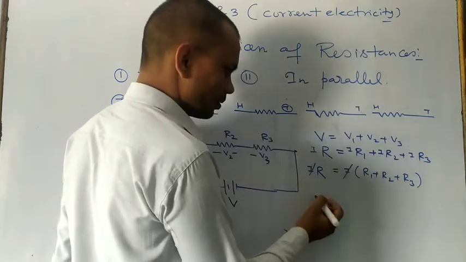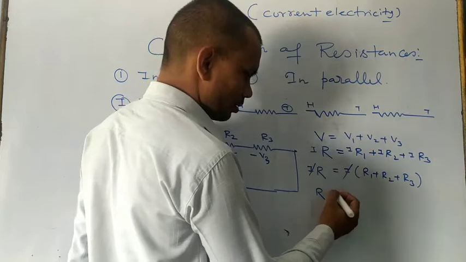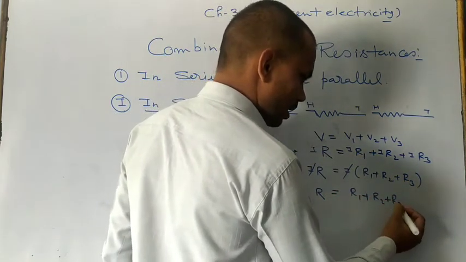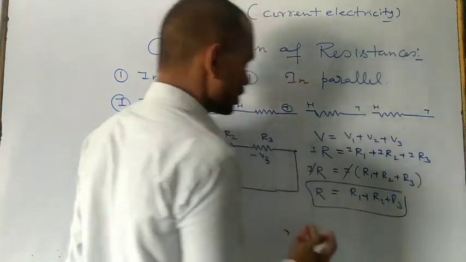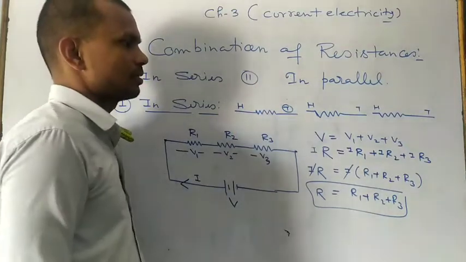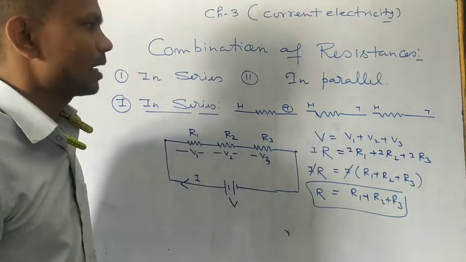So I cancels out, and R is equal to R1 plus R2 plus R3. Here R is known as the equivalent resistance of all three resistors, right?